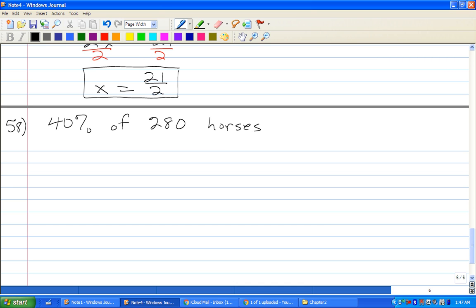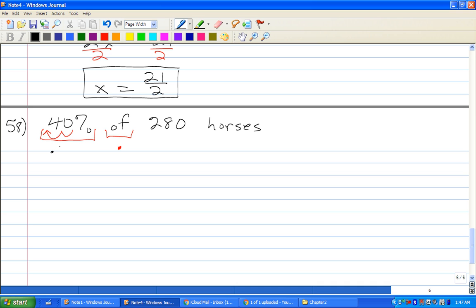Okay, and so this is, well, of. When of is preceded by a percent, decimal, or fraction, of means to multiply. 40%, well, I can write 40% as a decimal, so I move my decimal 2 places to the left. Whenever you have percent, you move it 2 places to the left.